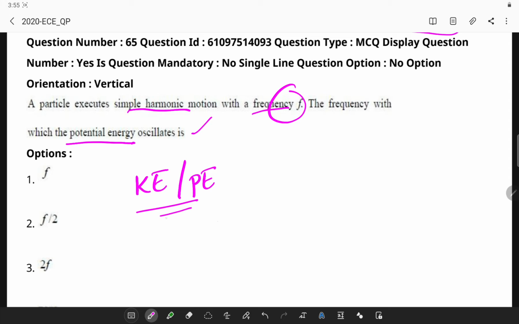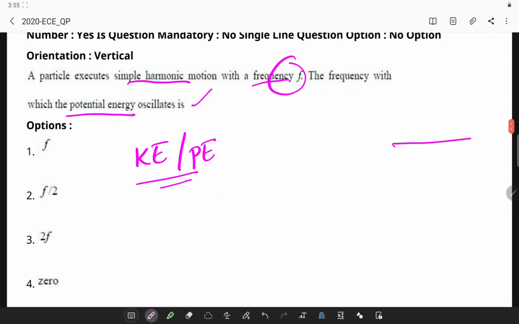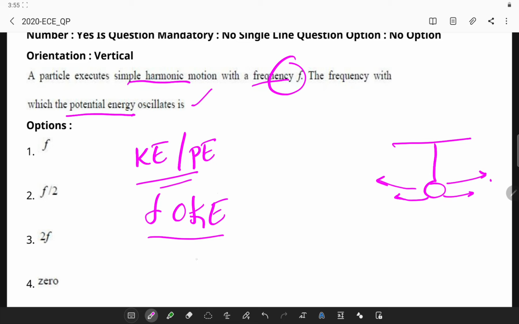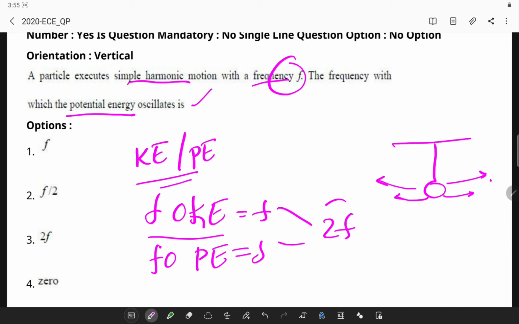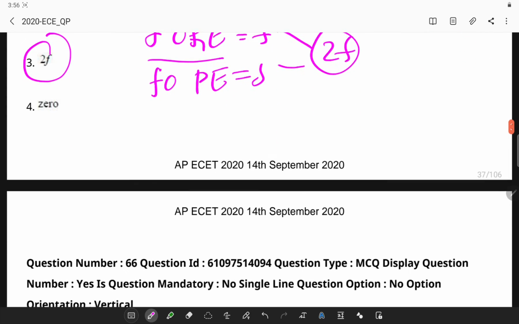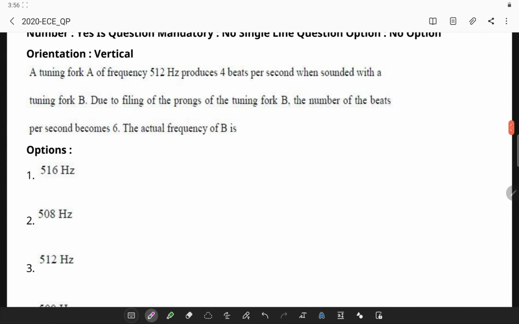So I can simply remember, if this is my bob, so I have two maxima points and two minima points. So the frequency of kinetic energy or frequency of potential energy, if you add both of them, I'll be getting 2f. I have two extreme points, as in the earlier question.